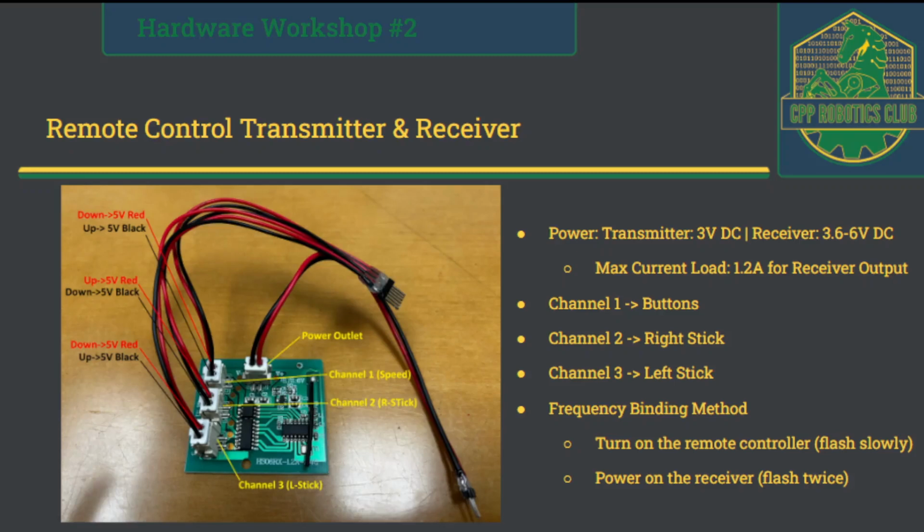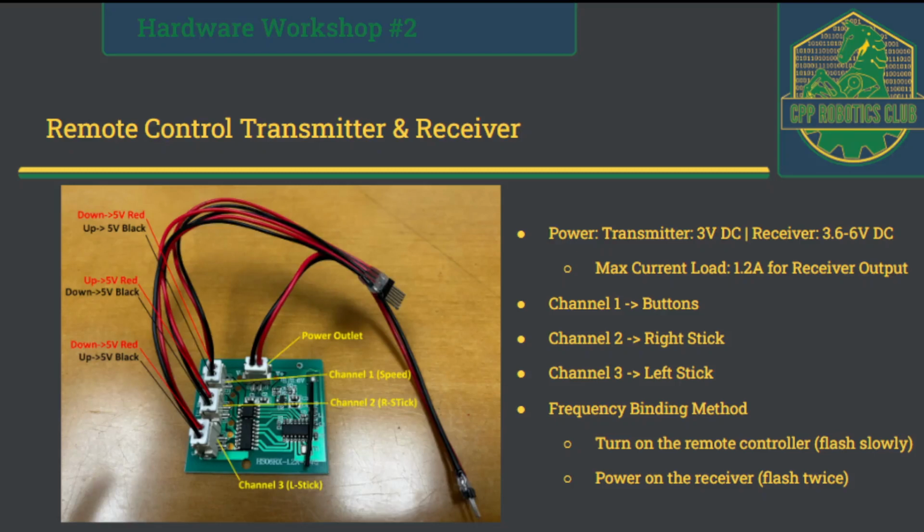For example, when you push the speed up button, you will have 5 volt on the black output of channel 1.